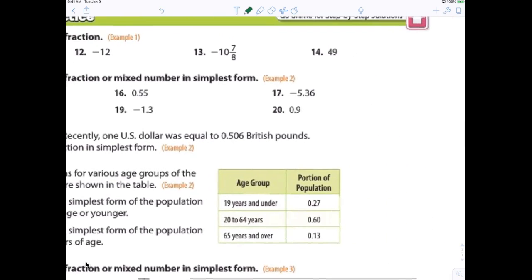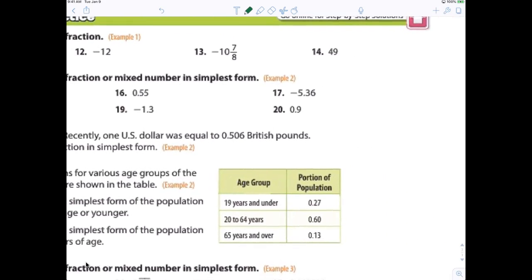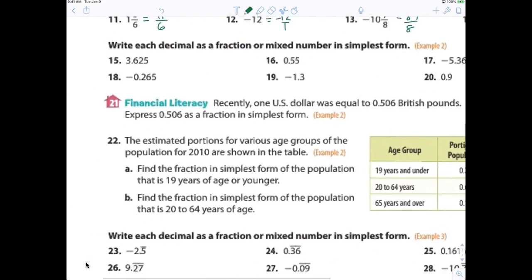Number 13. That's going to be what? Negative 12 over 1. Okay, that was number 12. Thank you. So 13 was what? Negative 87 over 8. All right. Now let's check out 15, please.